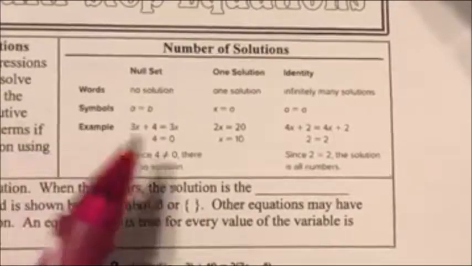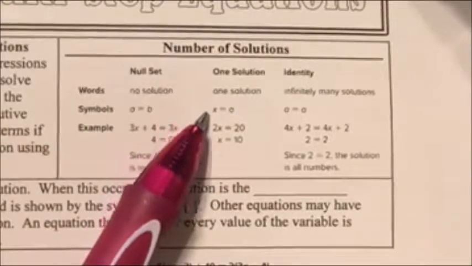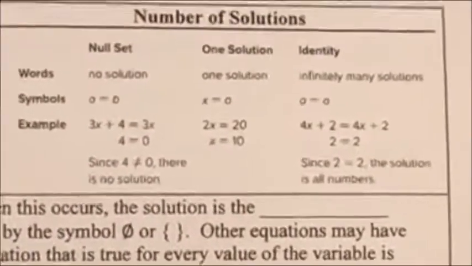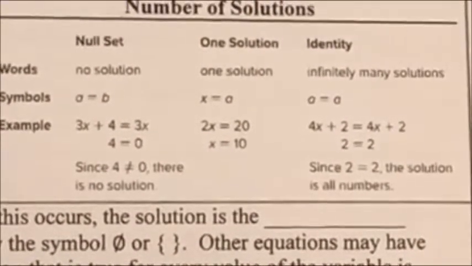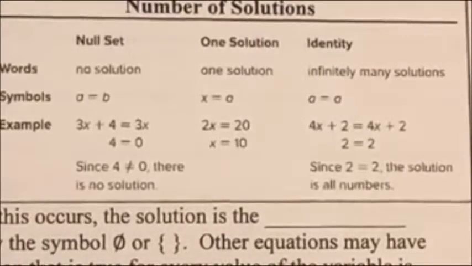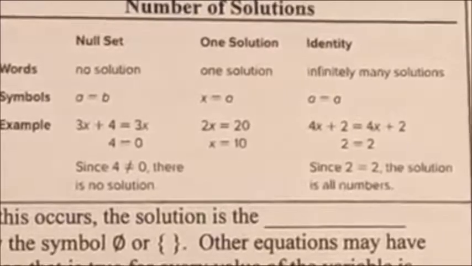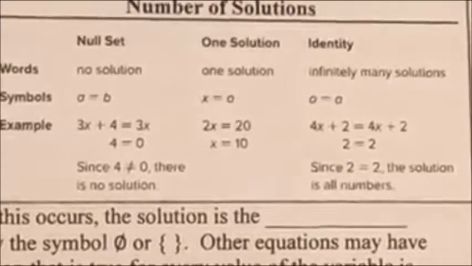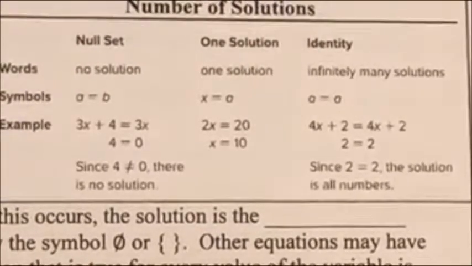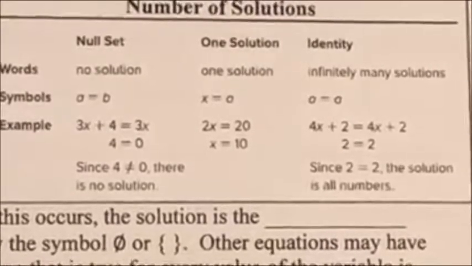Okay? There could be one given solution. So you could have x equals 10, x equals 4, whatever the case may be. Your variable equals a specific number. Okay? Or you could have what's called the identity. The identity is many solutions. You can have more than one solution.